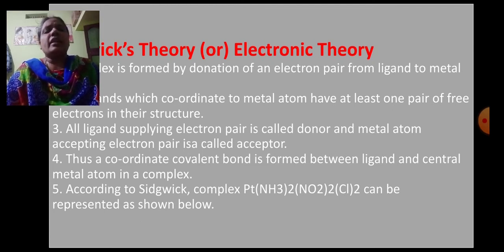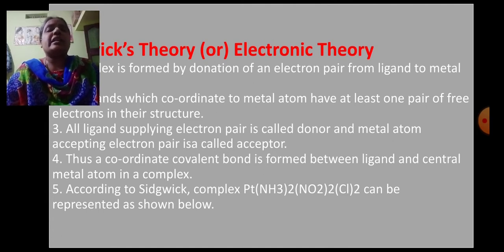Next, the ligand. The ligands which coordinate to the metal atom must have at least one pair of electrons. According to Sidgwick, a ligand must contain at least one electron pair.